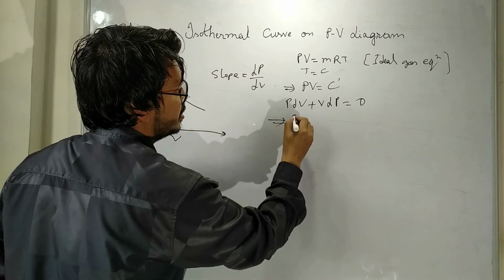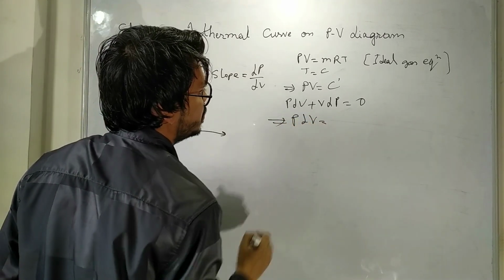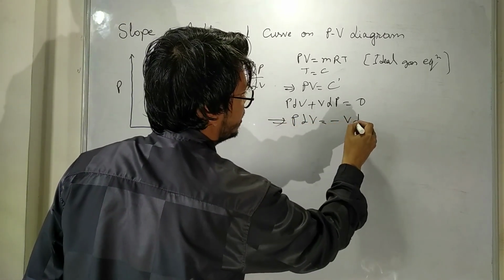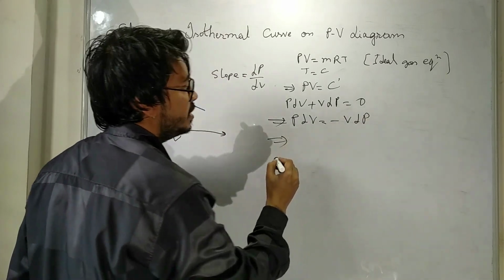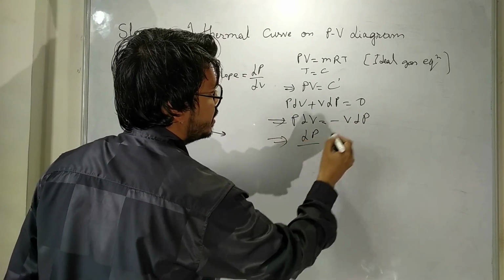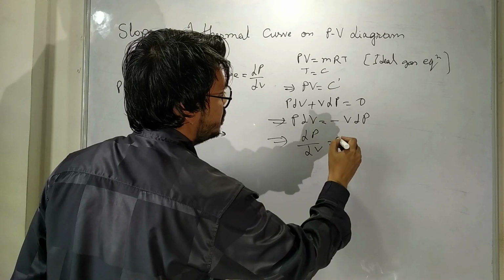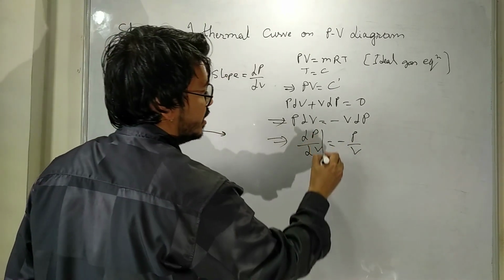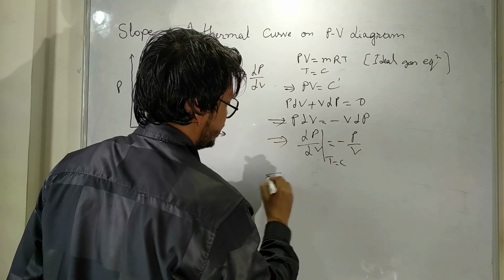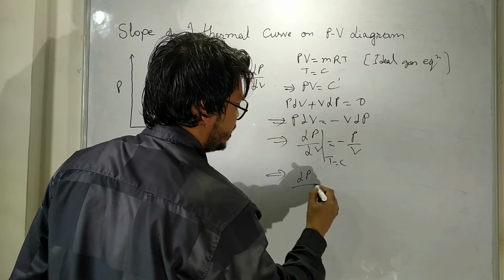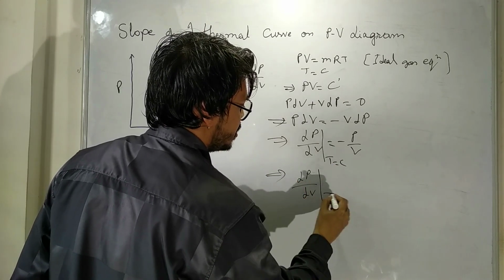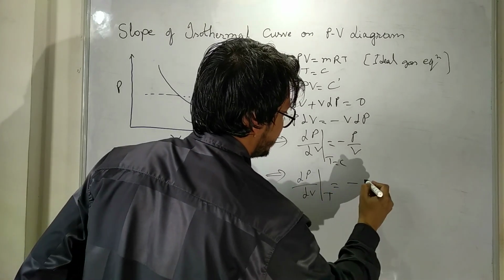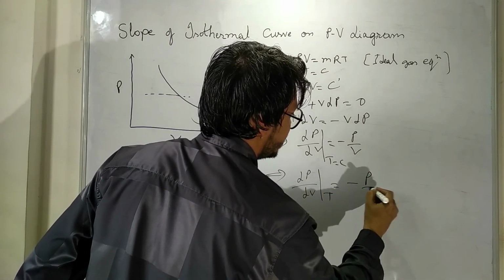This implies P dV is equal to minus V dP, so dP by dV is equal to minus P by V at T equals constant. Therefore, dP by dV at constant temperature is the slope, and this is minus P by V.